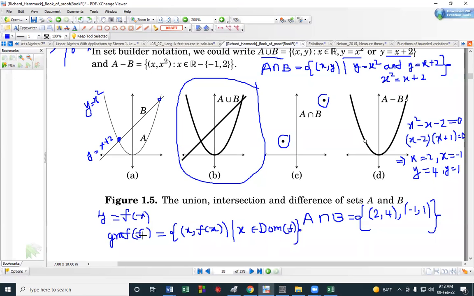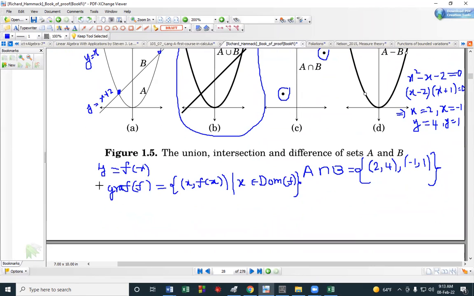But sometimes you can represent this set of ordered pairs in the xy plane conveniently. Then we say it is the graph. By graph, our mental picture is a picture, but in mathematics, graph is this set.